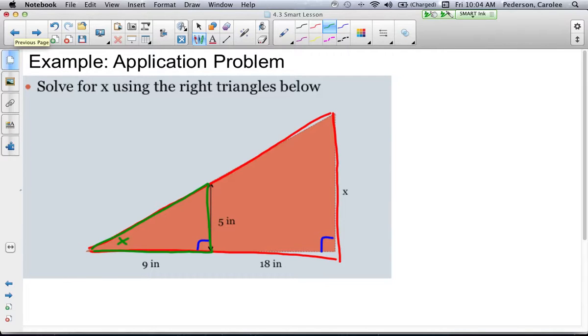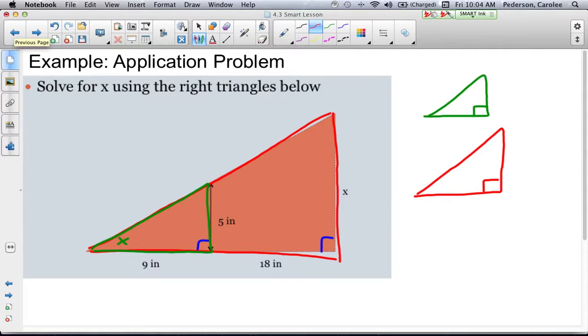And they both are 90 degrees. So then the last side has to be equal. So the 2 triangles are similar. So I'm going to just draw a picture of this smaller triangle and the bigger triangle. And I'm going to put the pieces in.